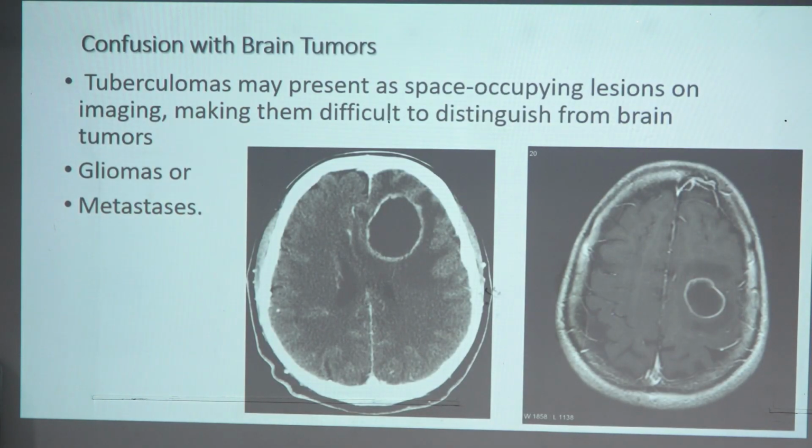So there is always a confusion of brain tumor with tuberculoma. The one on the left side is a case of tuberculoma, and on the right side is a case of brain tumor. So hardly is there any distinction, and it is very difficult radiologically to diagnose these as tuberculomas or brain tumors. Similar pictures can also be seen in metastasis.